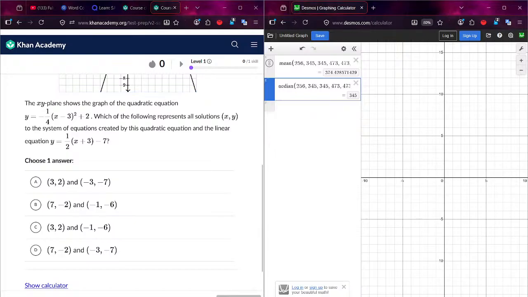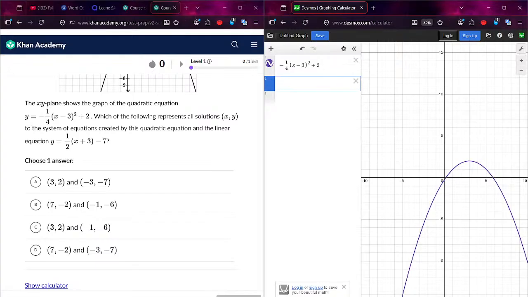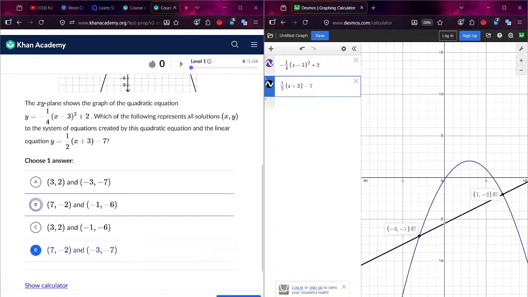There are going to be 2 solutions here, but we're just going to list them out. Just like that video said, all we have to do here is do this and then do this. 1/2 x plus 3 minus. So we're intersecting at -3, 7, -3, -7, and 7, -2, 7, -2, and negative.